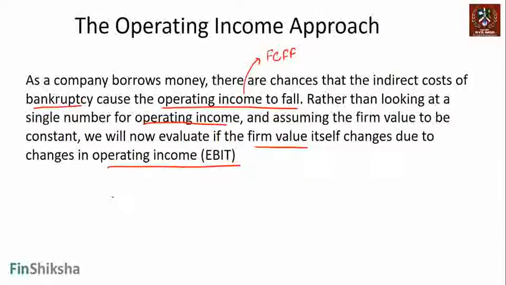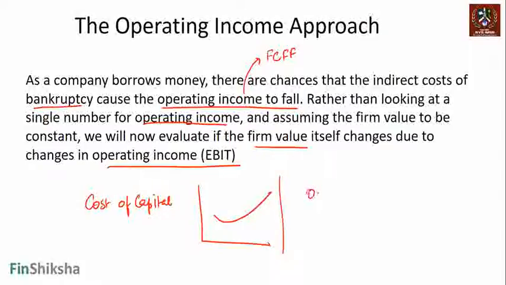So there are two things happening here. One is your cost of capital is sort of changing, and we've seen that the change will be something like this for cost of capital. The second thing that we are going to look at is that the operating income will also change.